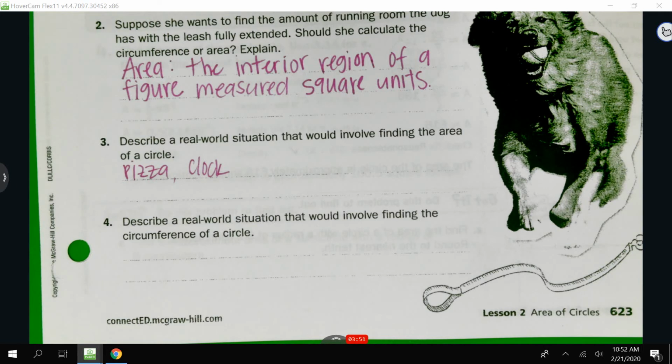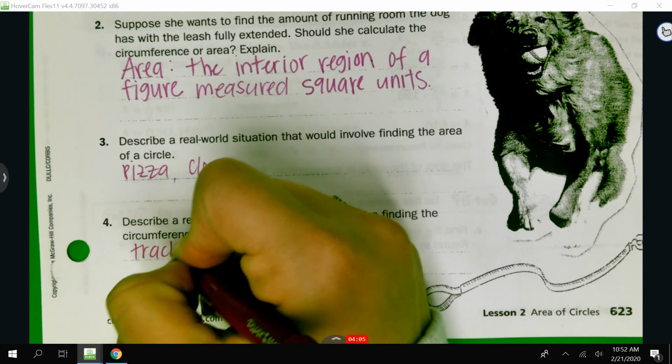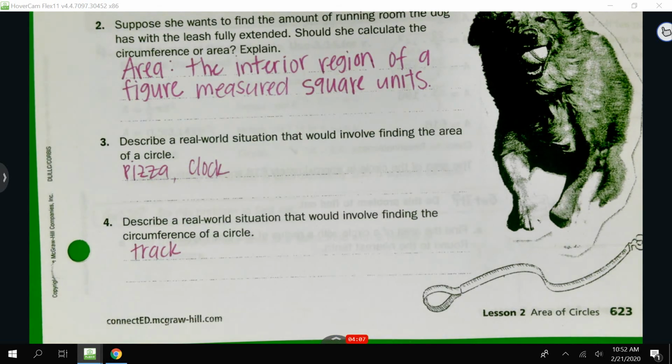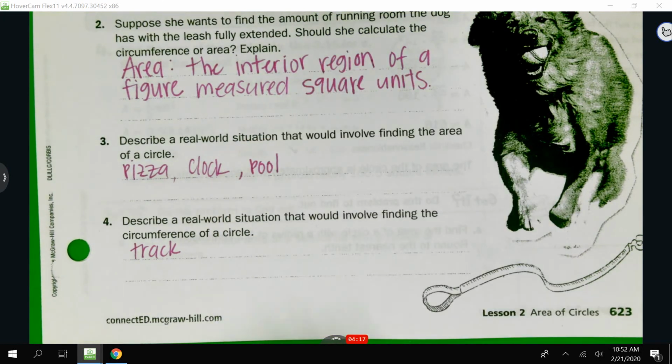Are you running around the track or are you running all inside the track? Around the track would be an example of what? Circumference. So that's a good example for number 4, but it wouldn't be area. If you're running on the inside of a track, maybe that would be area. A pool. Yeah. How much water is in that pool? Or how much water can fit in the pool?